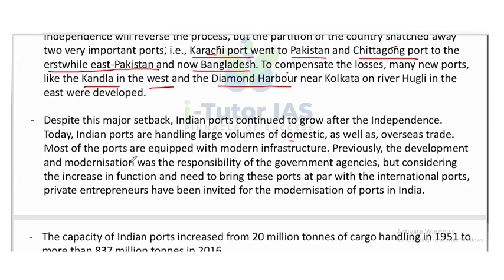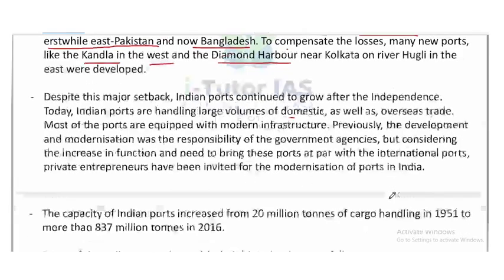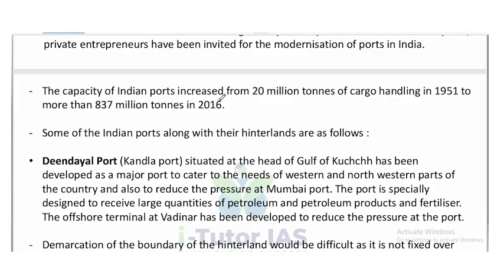Previously, development and modernization was the responsibility of government agencies, but considering the increase in functions and the need to bring these ports at par with international ports, private entrepreneurs have been invited for the modernization of ports in India. The capacity of Indian ports increased from 20 million tons of cargo handling in 1951 to 837 million tons in 2016.